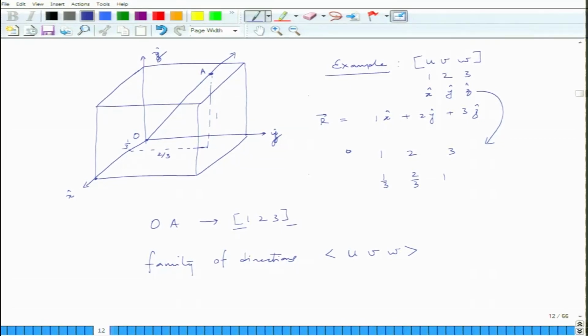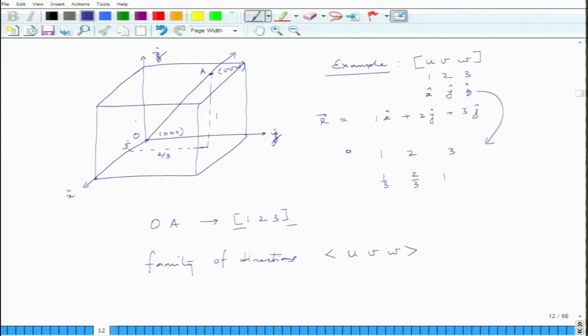Now, let me take a few more examples. Okay. So, basically if you just look at it objectively, this O is the origin which has a point 0, 0, 0. This is a point which is u v w. Direction is nothing but u v w minus origin basically. Okay.